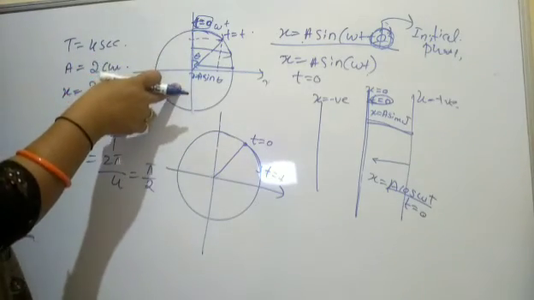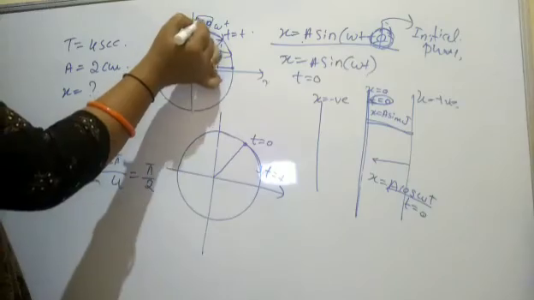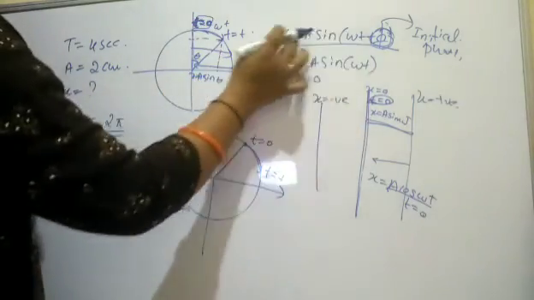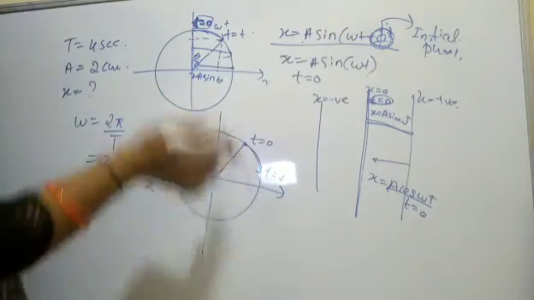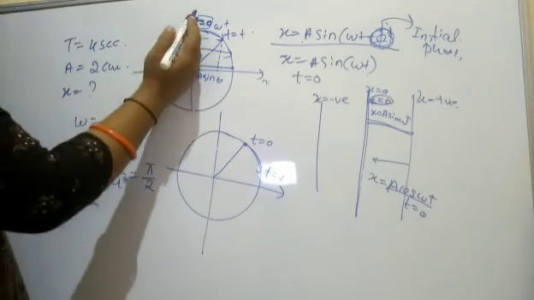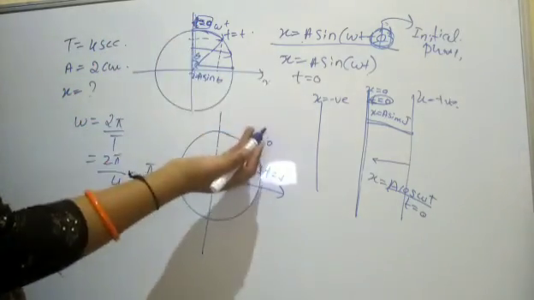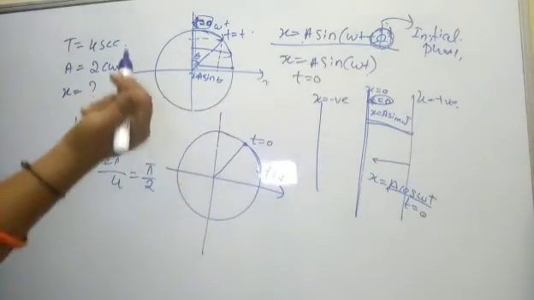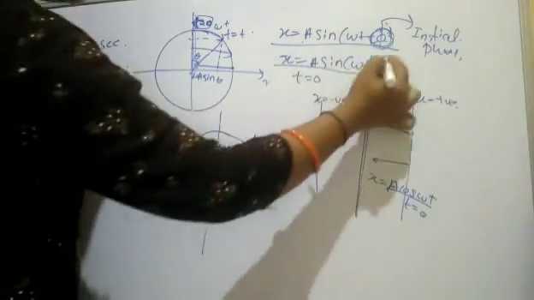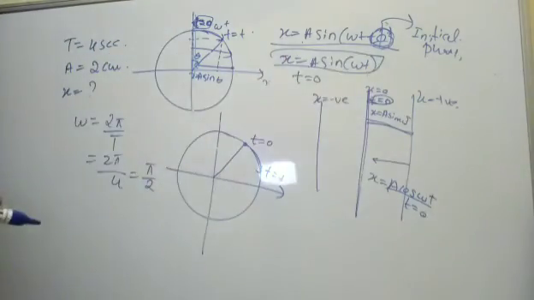It starts from t is equal to 0, then we have a sine omega t. That means at t is equal to 0, the particle does not sweep any angle, so phi will be 0. Then it is a sine omega t.